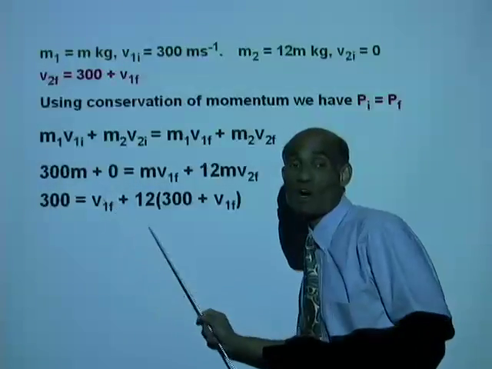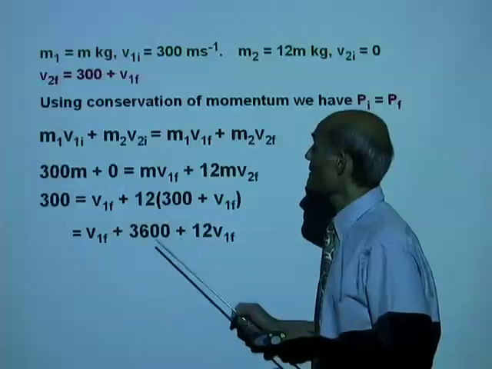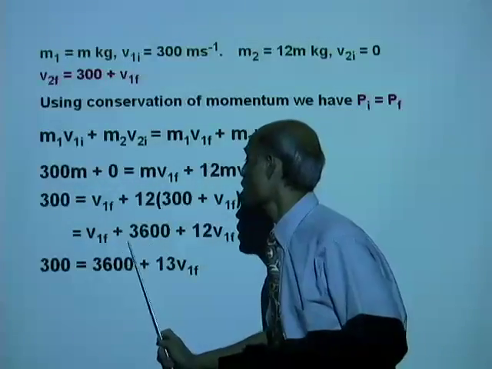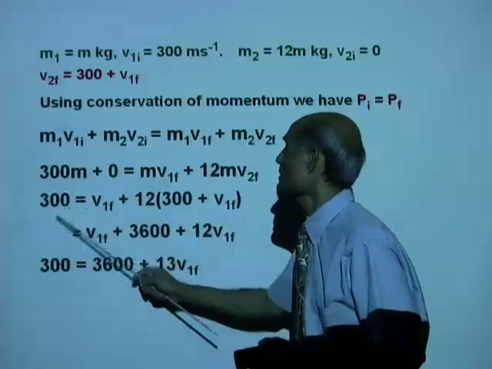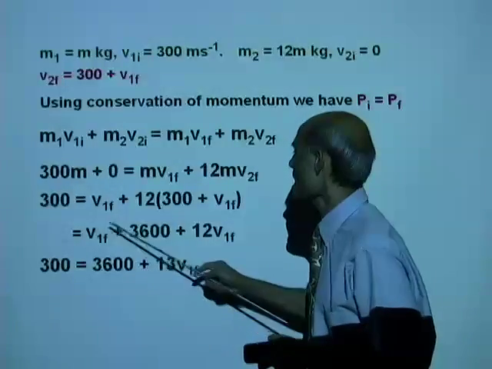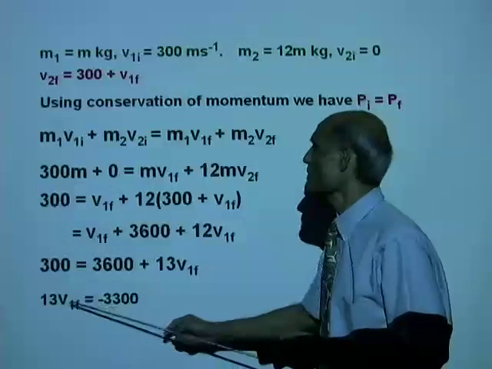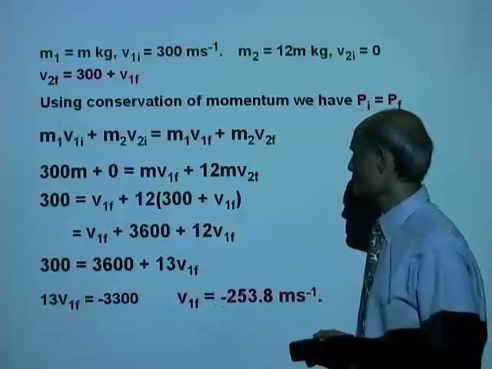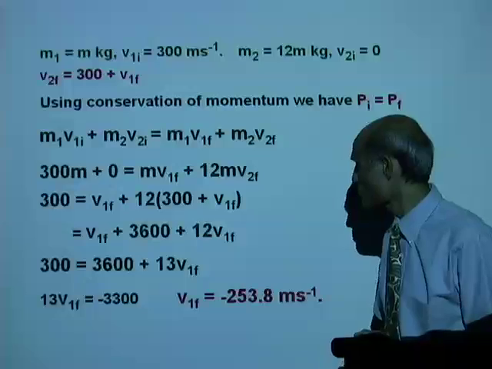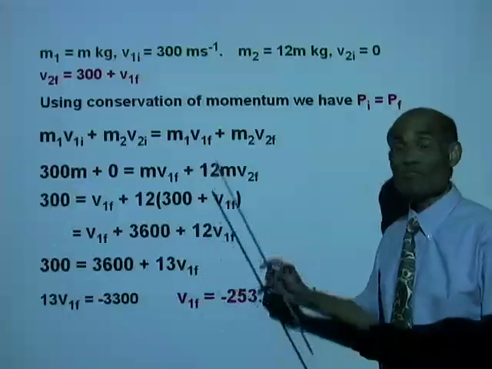Now you have only V1F unknown. Distribute that and solve for V1F. It gives you 300 equal to 3600 plus 13 V1F. And solving for V1F gives you negative 253.8 meters per second.